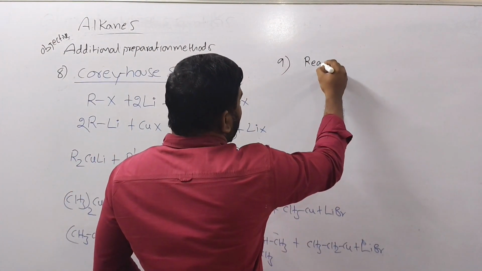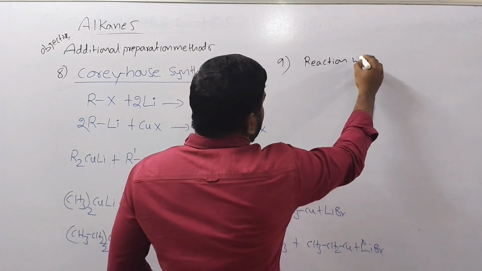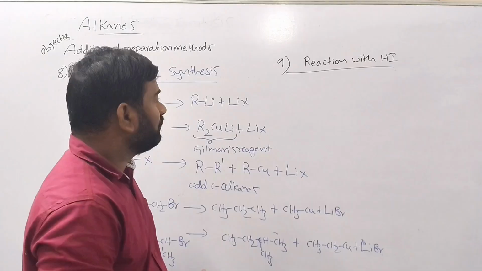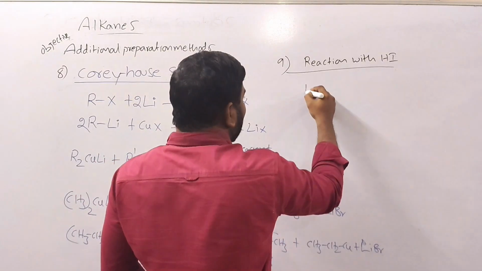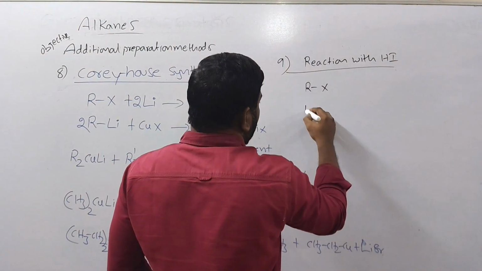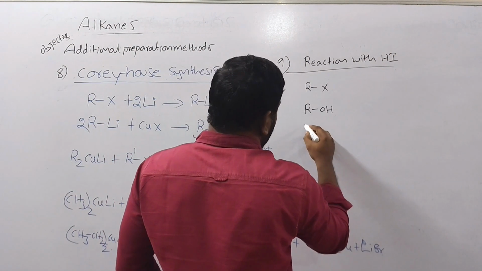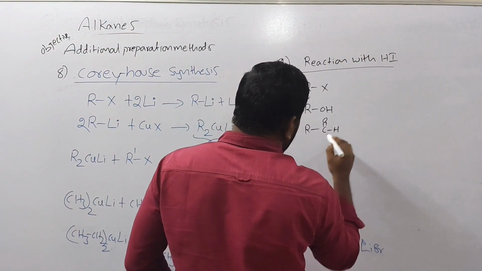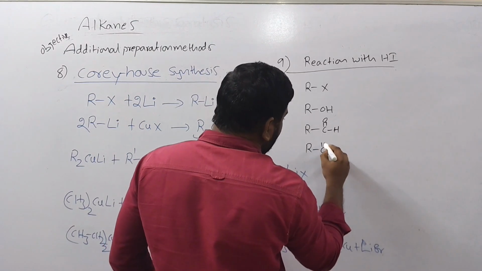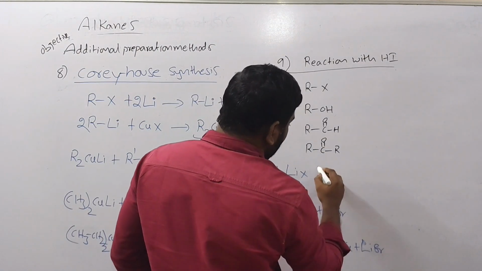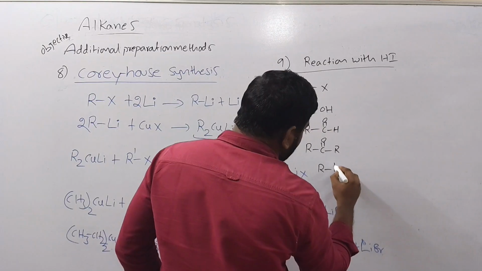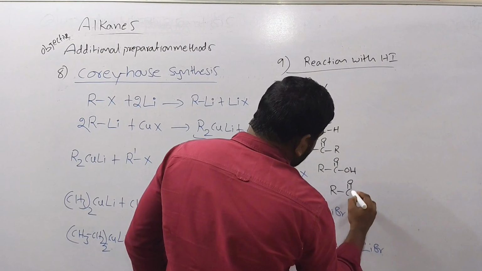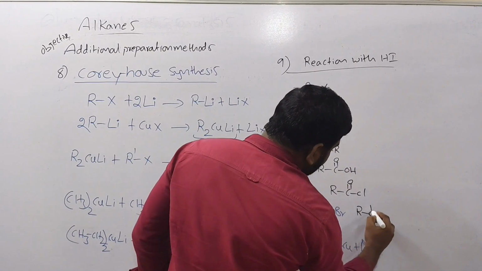Right. Next, the ninth one, reaction with HI. So in this, alkyl halide, alcohol, next aldehyde, ketone, next carboxylic acid, next acyl halide, next CONH2.